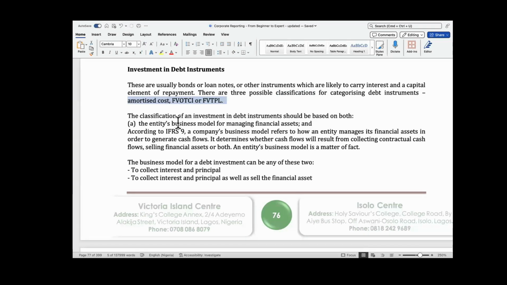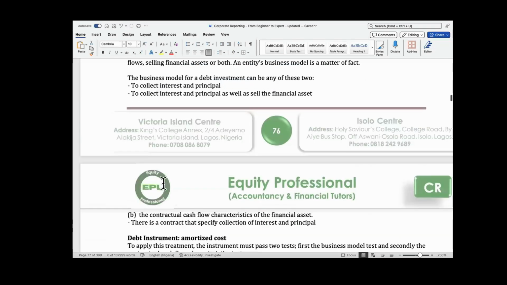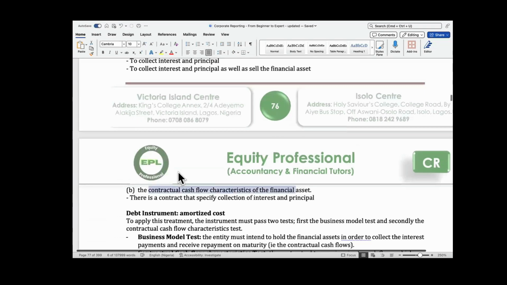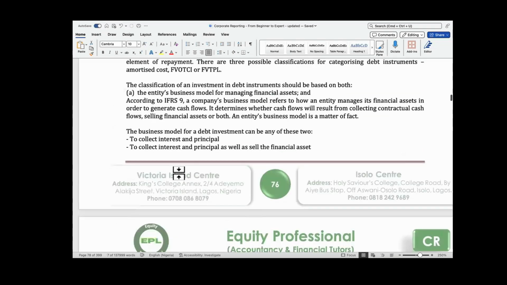The way you will know is to look at the business model, what the entity is doing in managing this financial asset. We would also look at the contractual cash flow characteristics of the financial asset. These two majorly determine how you eventually classify these investments in debt instruments.